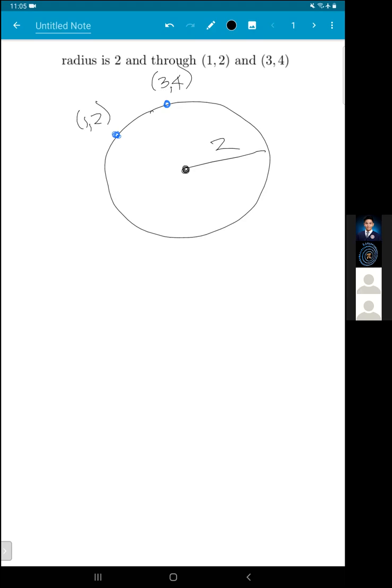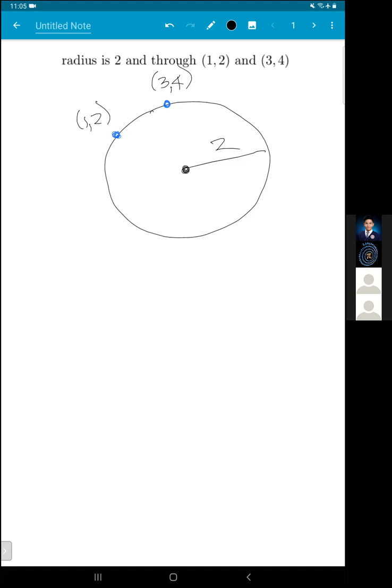Now, that sounds simple, but really when you try to get the center, it is not that easy. Any ideas how we can get the center? The radius is given.